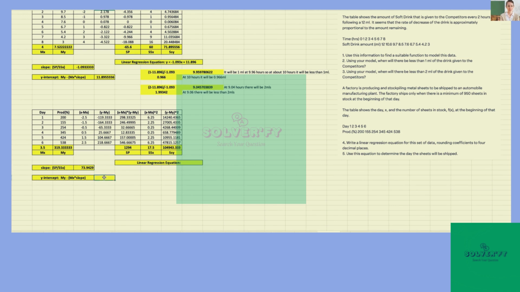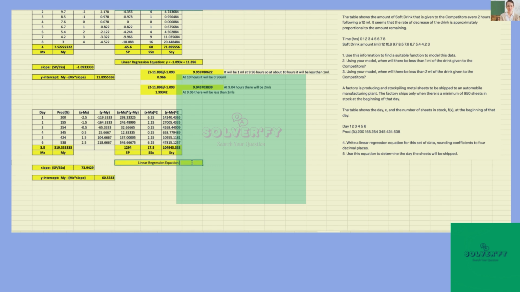Then for my intercept, I'm going to take my mean of y, and then subtract my mean of x times my slope. And so going out 4 decimal places.